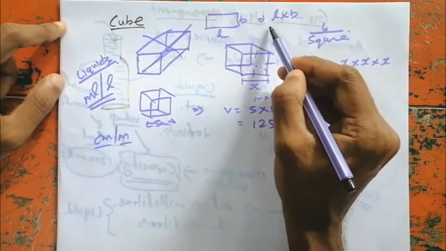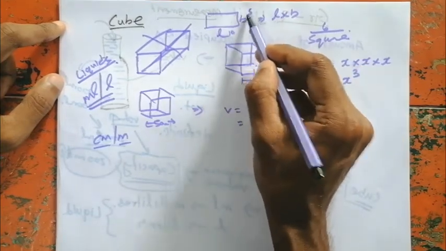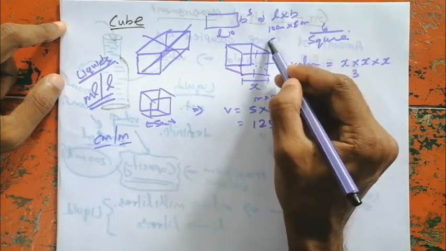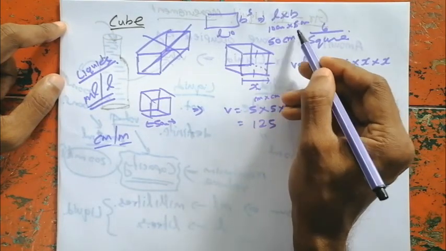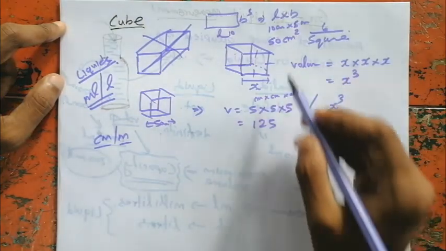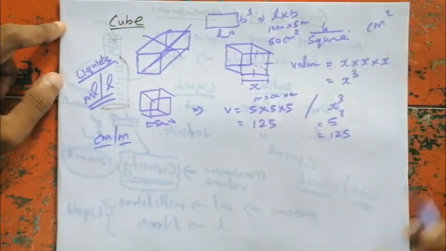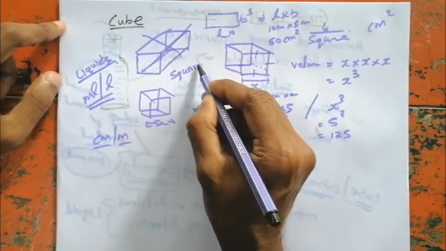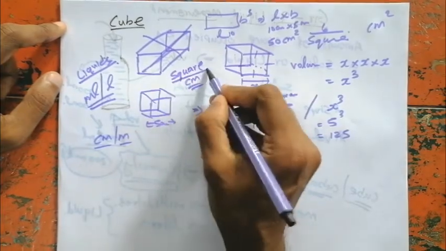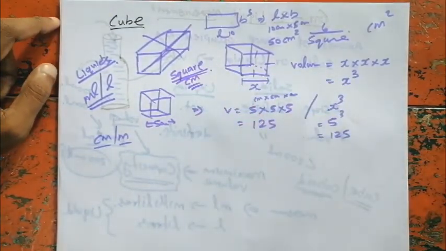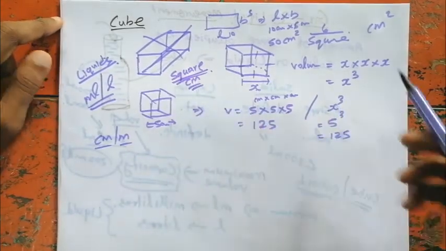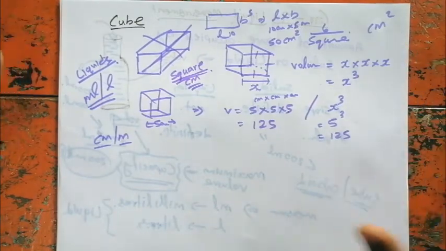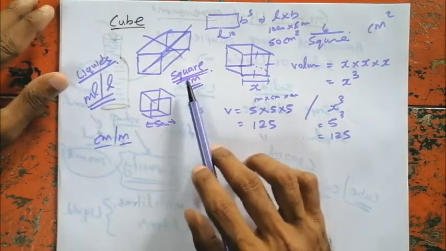Let's take 10 and 5, so 10 centimeter into 5 centimeter, so 50 square centimeter.